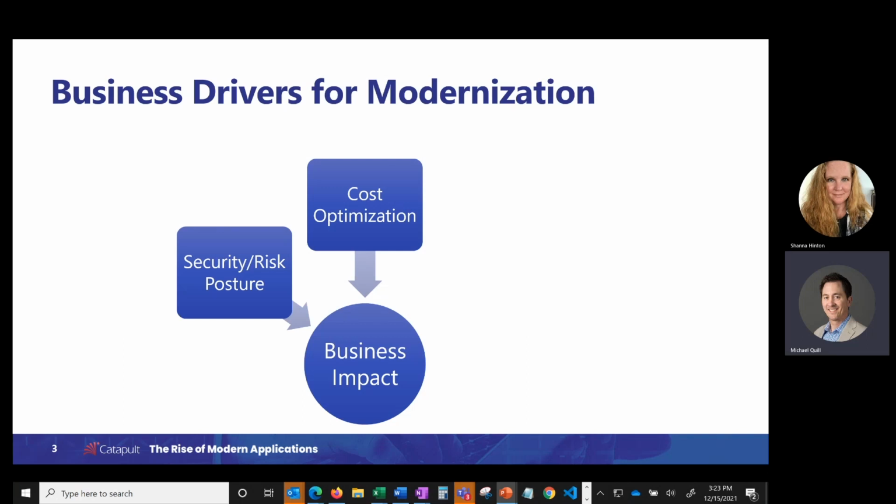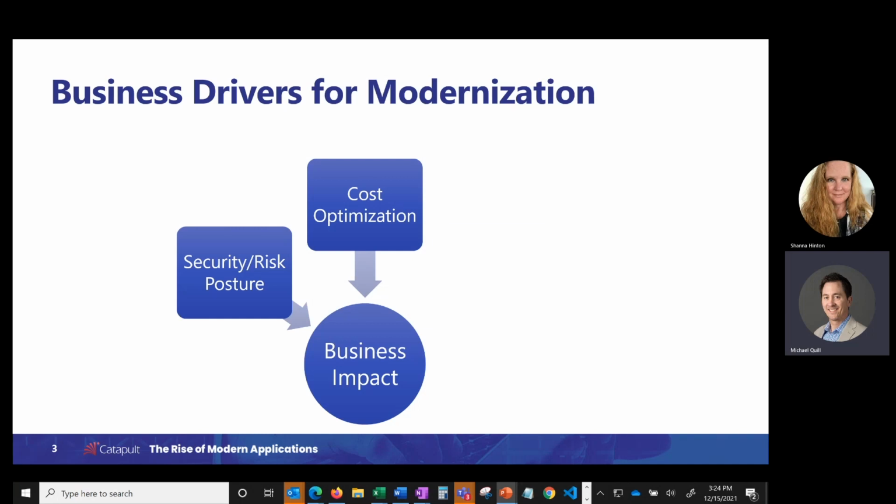So if you think about moving beyond just the traditional infrastructure as a service approach to delivering services to your employees, your constituents, or customers, when you start thinking about platform solutions, there's a real opportunity to save on the cost of that solution as well as the support infrastructure that goes around it.